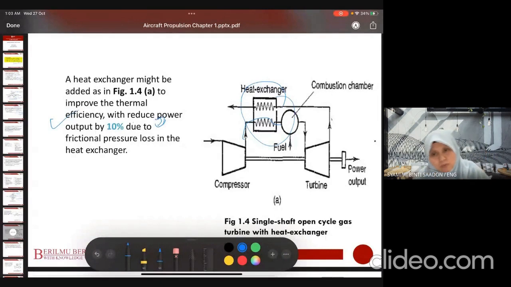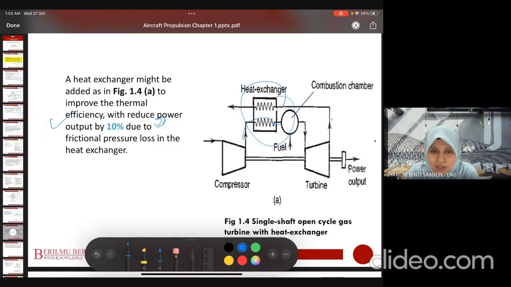So there is always pros and cons to those additional components. It depends on what we want to achieve, what the designers and the consumers want, whether they want a gas turbine that is more efficient.